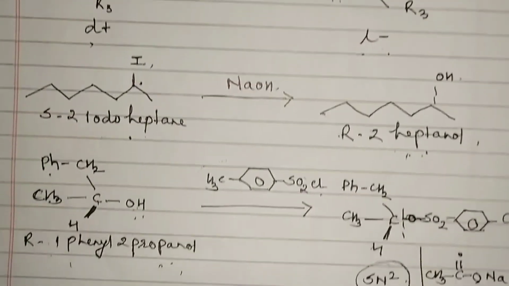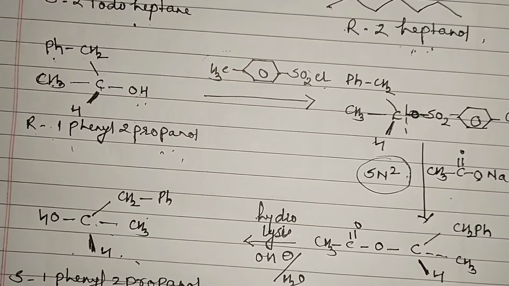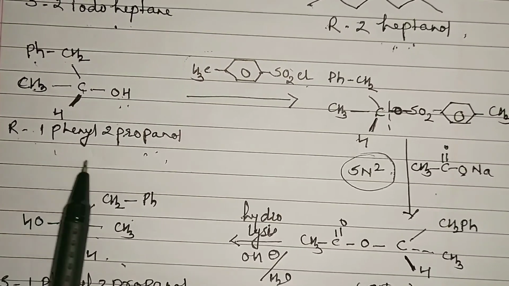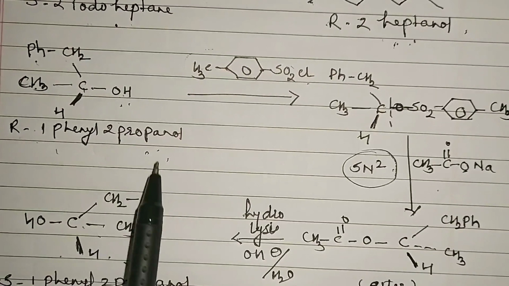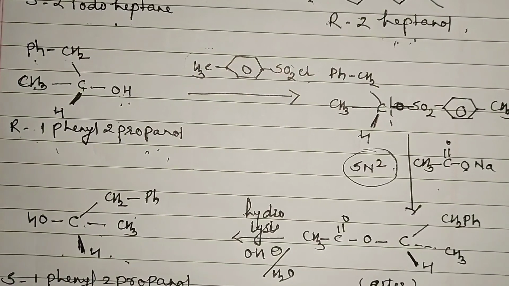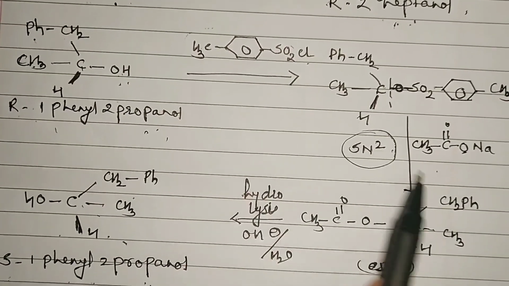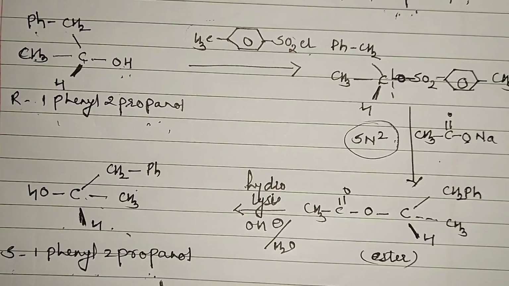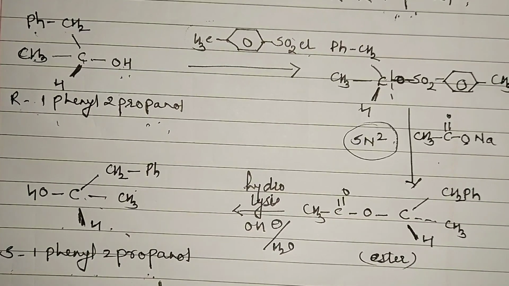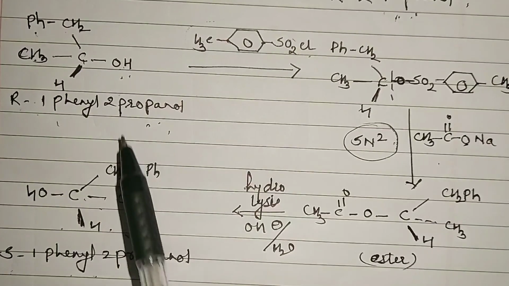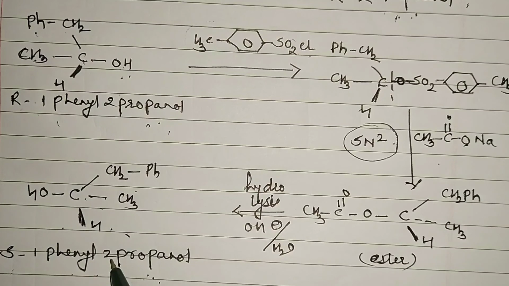For further understanding, we took the example of R-1-phenyl-2-propanol, which converts into S-1-phenyl-2-propanol after a series of reactions, and we proved that there is inversion of configuration and the substrate and the product are mirror images, that is enantiomers of each other. So we will meet in the next video.